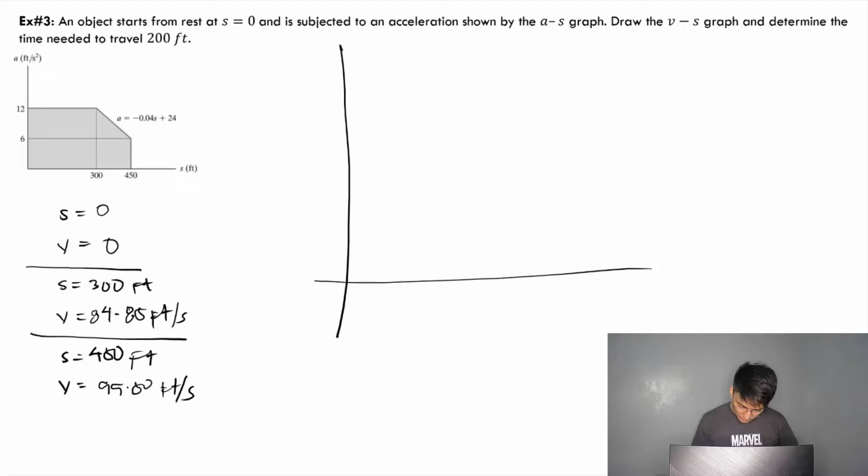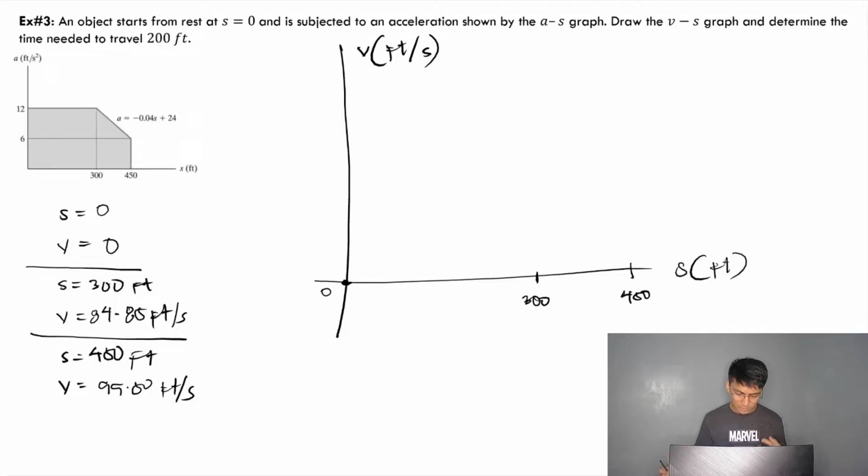So, this is the V-S graph. Let us locate the points at 0. The horizontal axis now is the S in feet, and this is our V in feet per second. So, 0, and another position we have is 300, and 450.